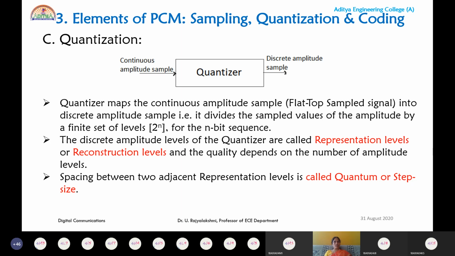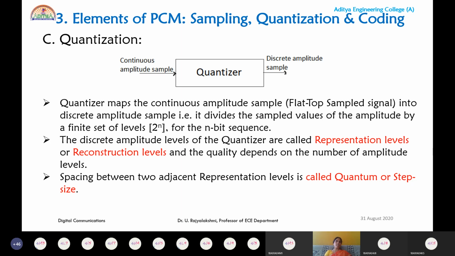If you want to encode the sequence as an n bit sequence, the quantizer will divide the amplitude into 2 power n levels. These discrete amplitude levels of the quantizer are generally called representation levels or reconstruction levels.